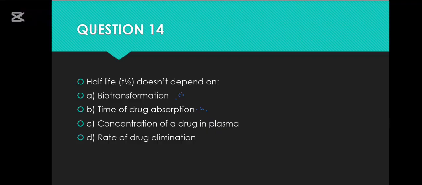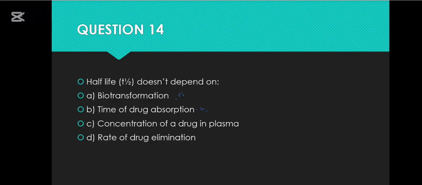Concentration of drug in the plasma, of course. How much is in the plasma matters for how much is going to be eliminated. Rate of drug elimination, yes. Okay. Wait, the rate of elimination of a drug is more likely to be the wrong answer here.